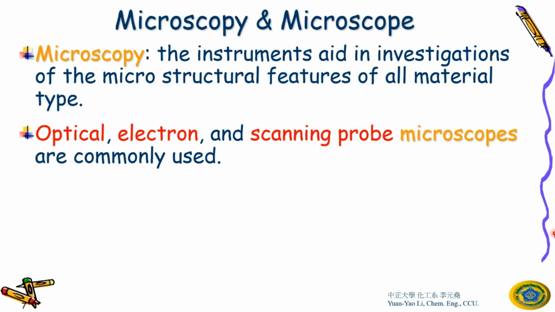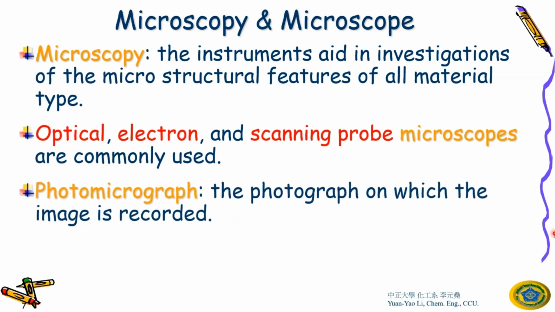Electron microscope, you use an electron beam. Scanning probe means you have a very tiny tip. You touch the objects and feel the objects, like when you close your eyes and use your finger to feel the roughness and shape of a surface. So you can draw the features of the objects by touching. That's what we call scanning probe microscopes.